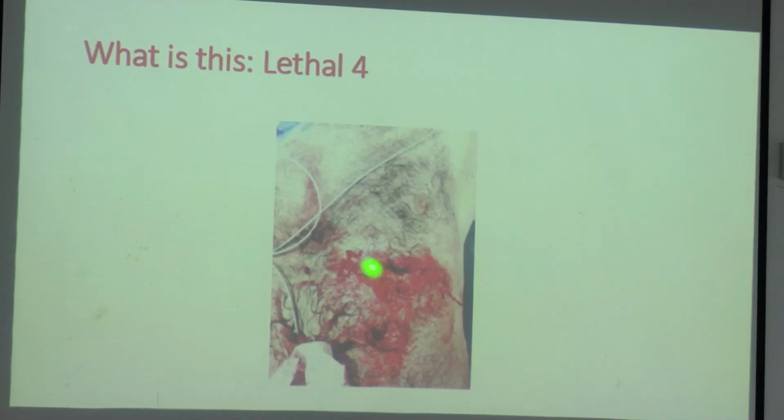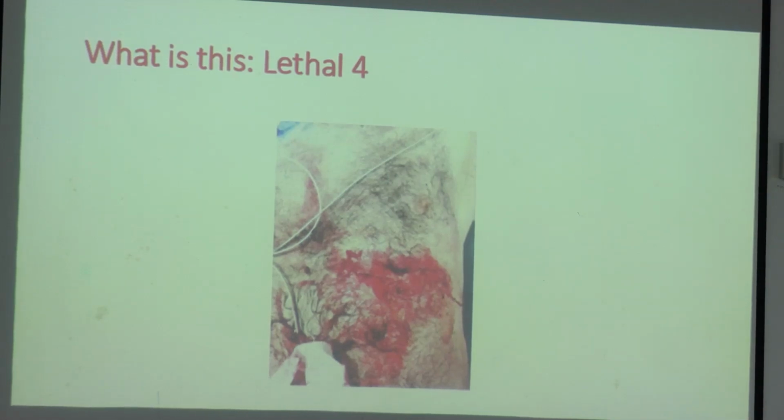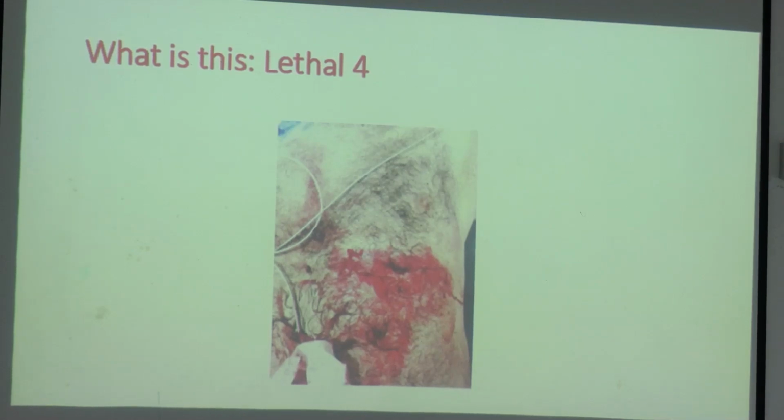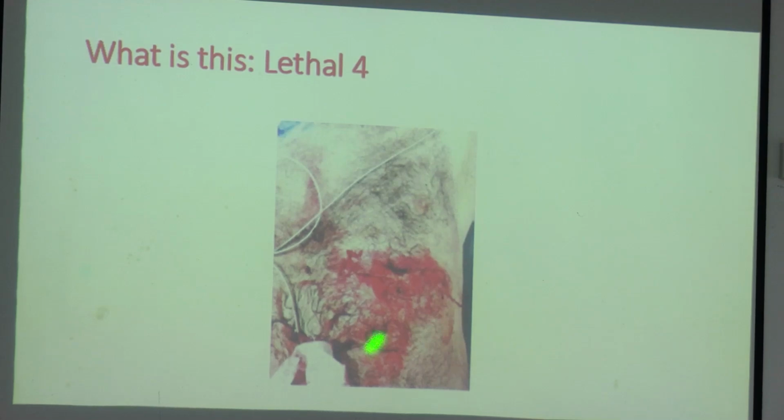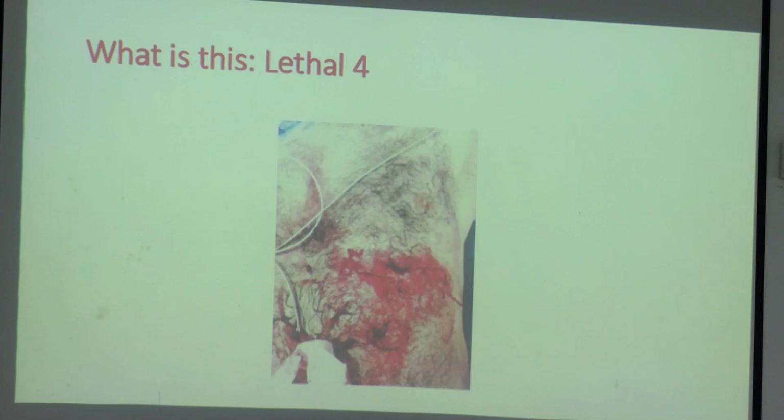This is the axilla, so this is the nipple and axilla. Bullet, some penetrating injury. Could be bullet or stab, that's not important. These are penetrating injuries. There is a hole here, a hole in the chest wall.